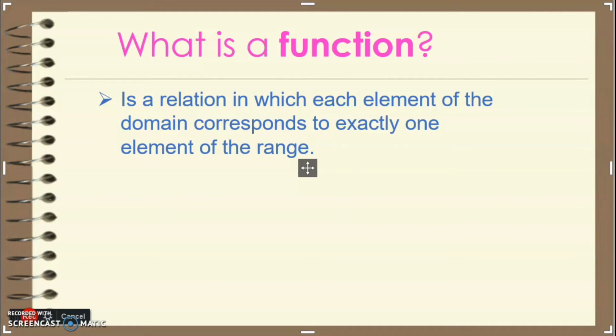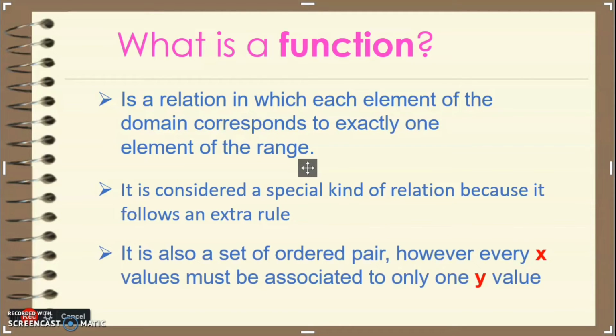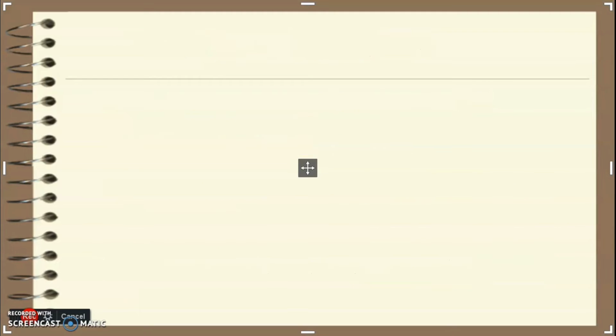Okay? One-to-one. Ang one-to-one type of relation ay siguradong function na yan. It is considered a special kind of relation because it follows an extra rule. It is also a set of ordered pairs wherein every x value must be associated to only one y value.